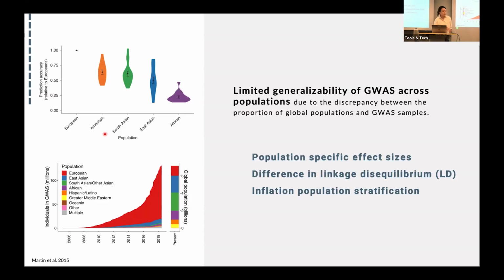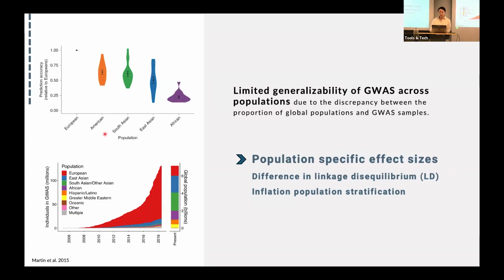This can be due to several biological and statistical reasons, but just to point out 3 of them: the first is that the effect sizes can be different across populations, and can be more population specific. The differences can be due to differences in the environment or the genetic backgrounds.